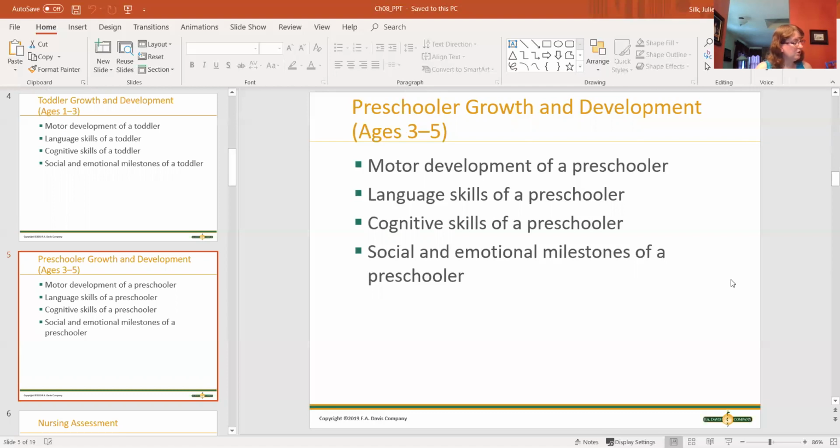They can begin learning to use utensils and drink from a cup, hop and stand on one foot for 5 to 10 seconds at age 4, throw objects overhand at age 4, and catch a bounced ball at age 4. Usually they can draw stick figures with more than 2 body parts at age 4 and use scissors at age 4. So those are some of the things they can do there.